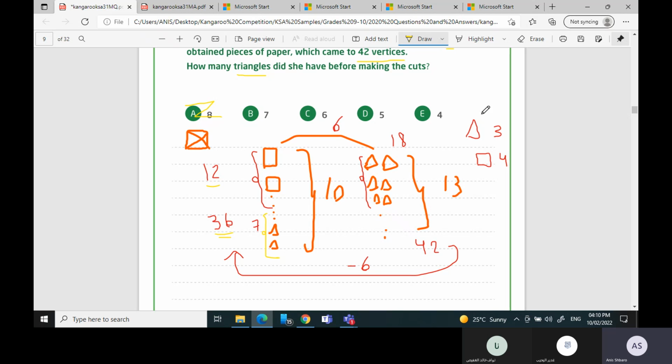Now let me try, for example, 7. If we say that we have 7 triangles and 3 squares, for 3 squares it's 12 vertices, 7 triangles times 3 is 21. So 33 vertices, it's not equal to 36. So I can remove it.